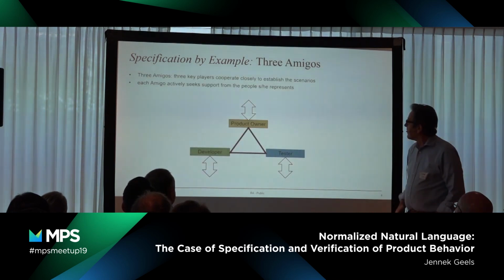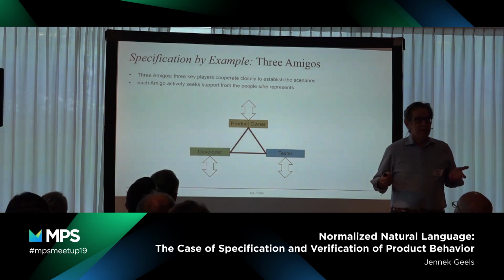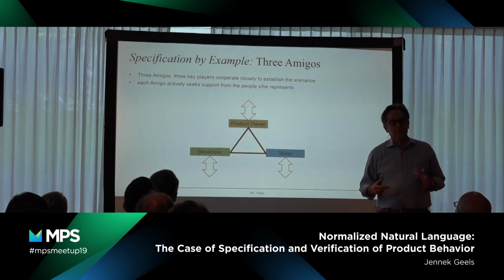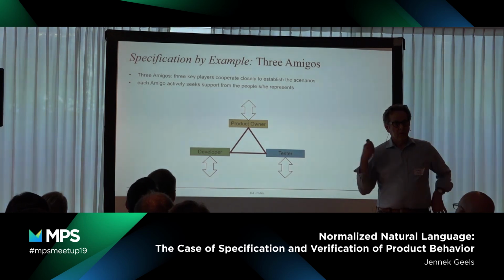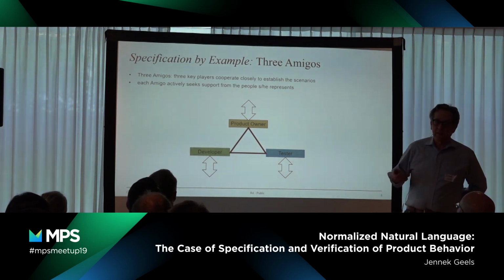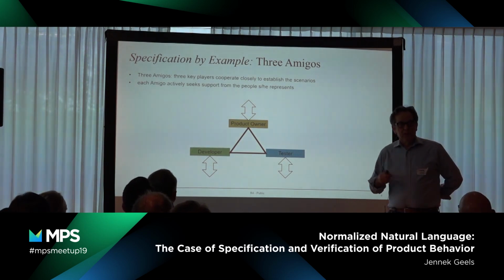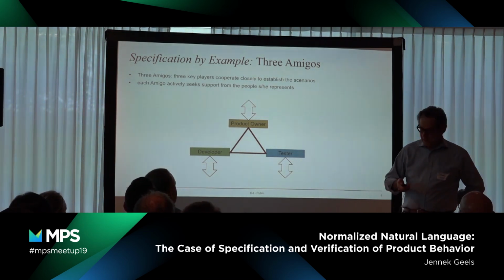So far so good. Another nice thing is that to write this document, you have to bring 3 people together in a room. These are called the 3 amigos. Product owner, developer, tester. In many specification processes, they are not in the same room that often. But we insist together you finalize those scenarios.